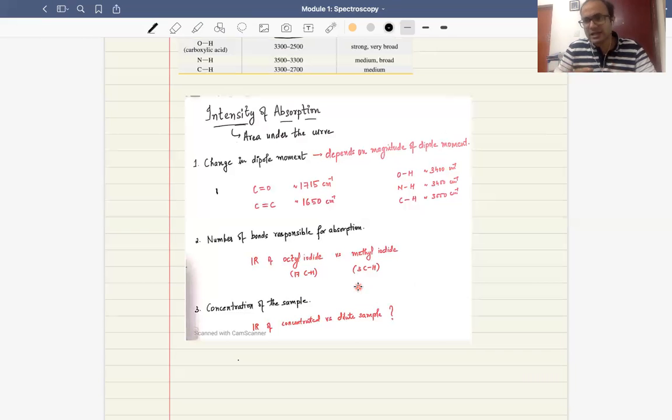So for us organic chemists, slightly less sample and peaks being a little less intense doesn't matter much in the usual cases. So that is the importance of intensity in an IR spectrum.